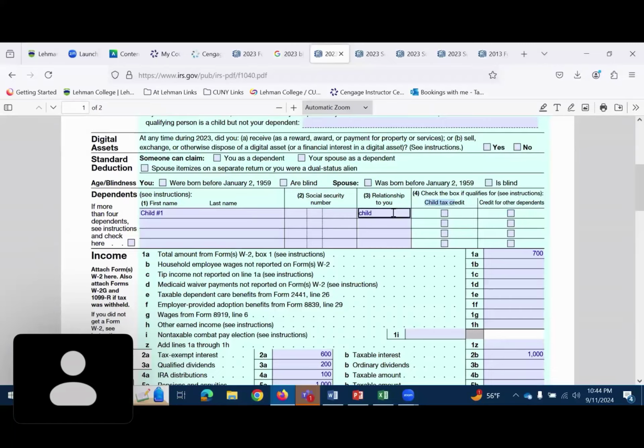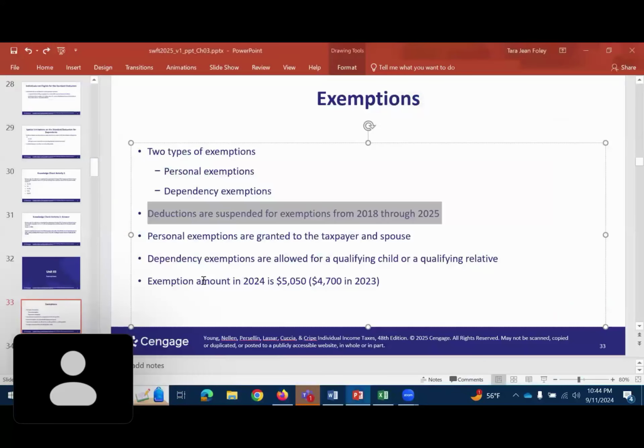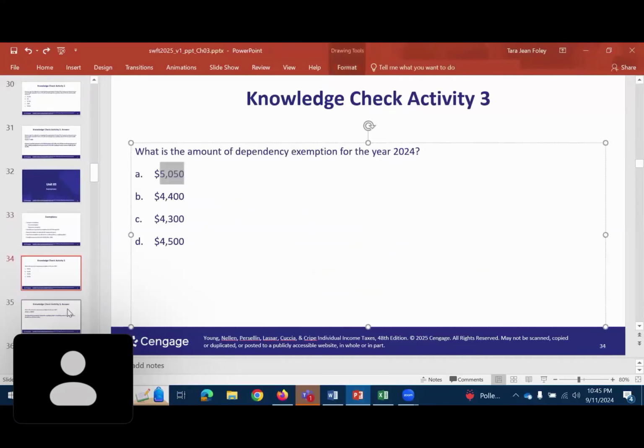Now, if I do have a qualifying child or a qualifying relative, there is an exemption amount of $5,050. Because I can have a dependent that's not a qualifying child or a qualifying relative, they gave this rule saying that if they are a qualifying child or a qualifying relative, you can have an exemption of $5,050.